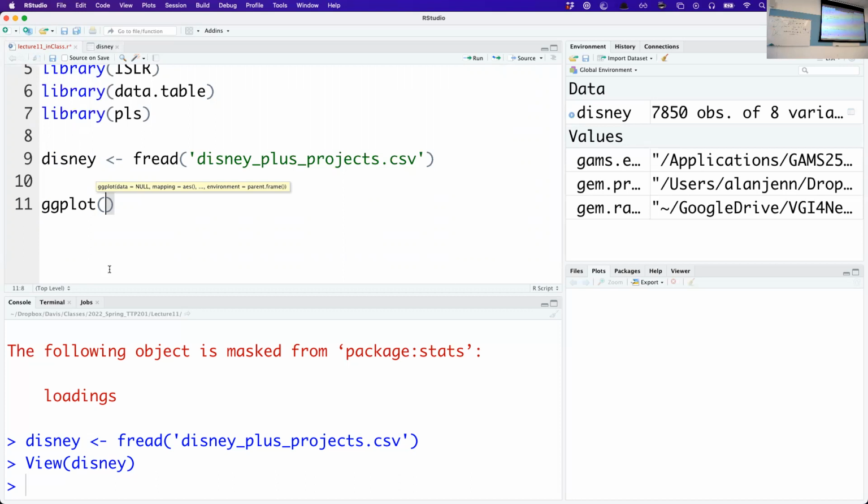Okay. So we're only going to look at 4 of the outcomes. So let's plot this to see what it looks like.